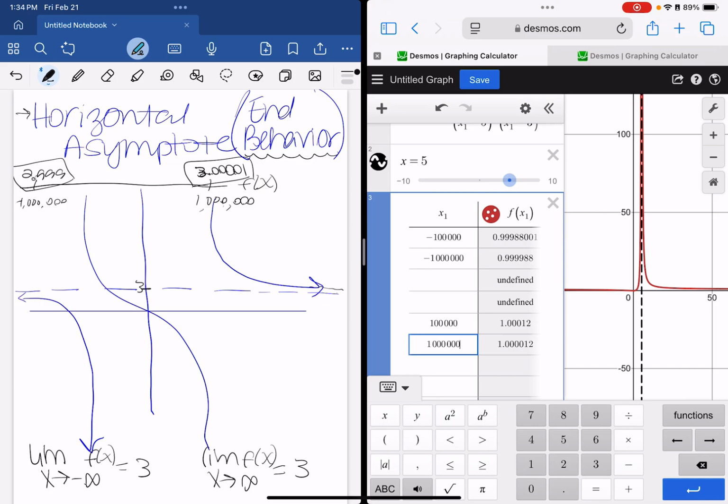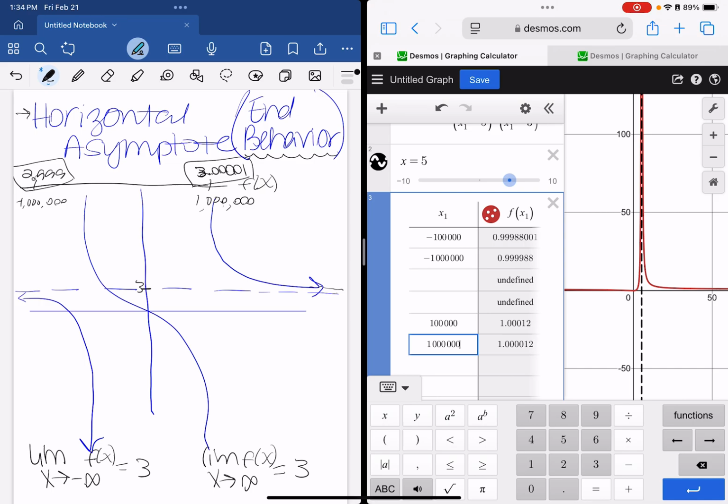So it tells me that the ends are headed towards 1, which would be table evidence to use when you're saying that there's the existence of a horizontal asymptote, because as x increases or decreases without bound, the output values head towards a single value of 1, which tells us that there is a horizontal asymptote.